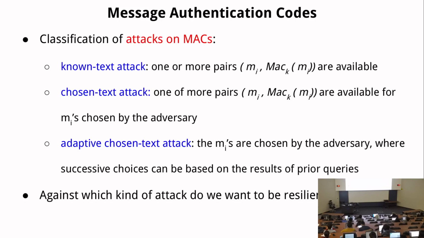Also, the adaptive chosen text attack. The attacker can choose some messages. Then, based on the output, the attacker can decide what new messages they want to choose in the future, and also generate corresponding tags.